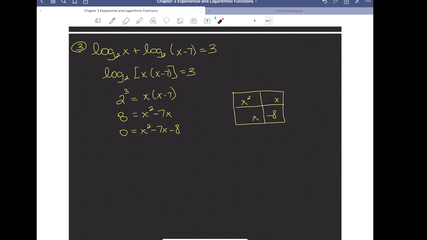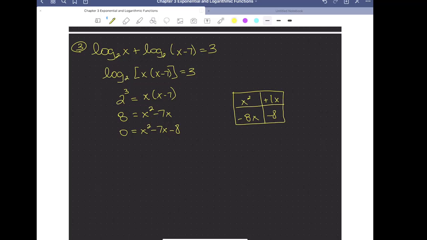We know we have to multiply to get a negative 8, so one's got to be positive and one's got to be negative, and when we combine those two terms we have to get a negative 7.